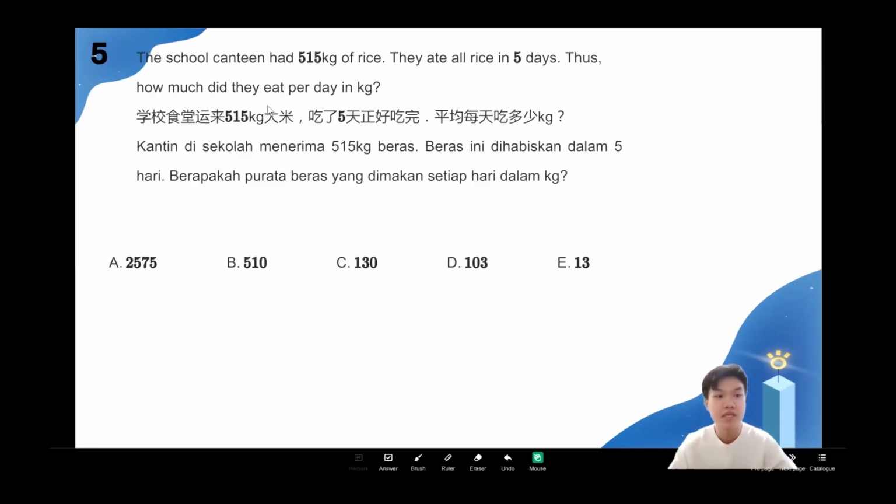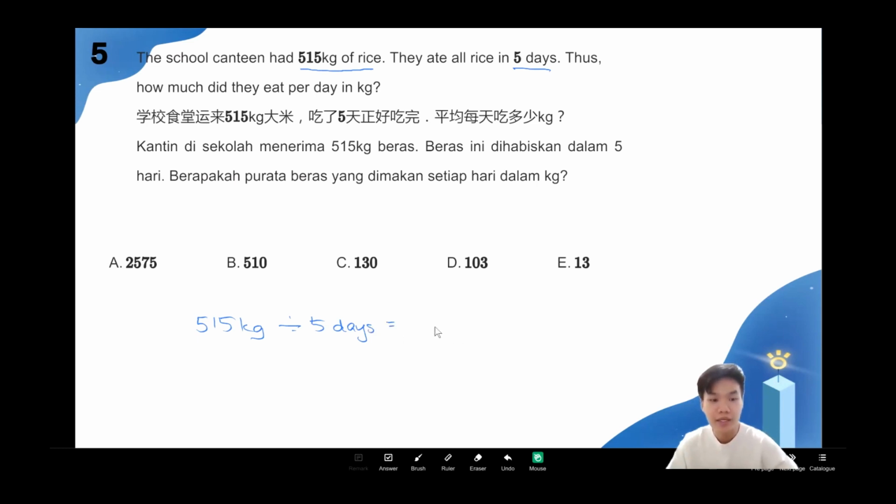Question number 5. The school canteen had 515 kilograms of rice. They ate all the rice in 5 days. Thus, how much did they eat per day in kg? There are 515 kilograms, and they finish it in 5 days, so we divide by 5 days.